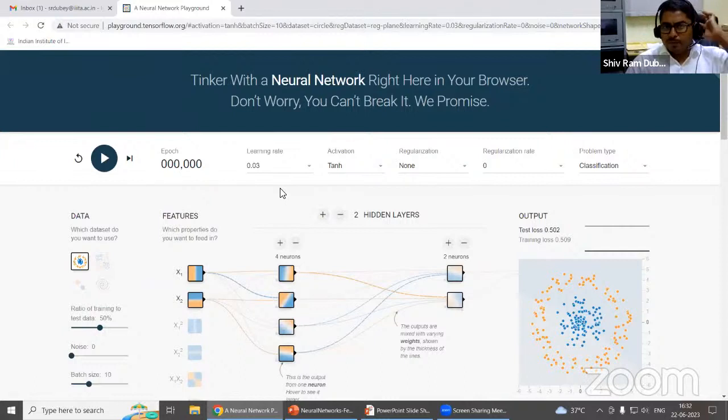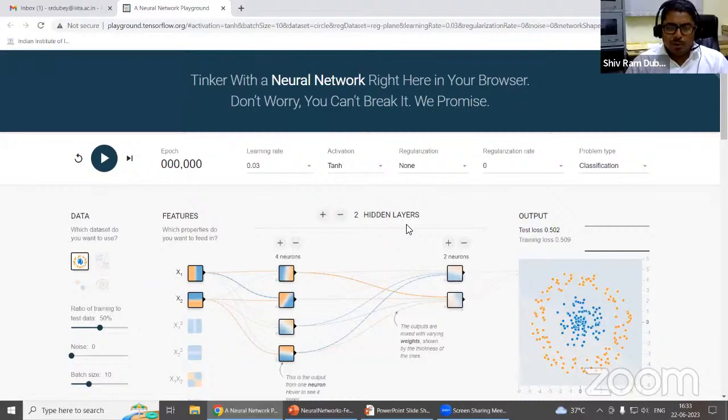This is a very nice interactive environment where you can test a neural network by changing the different things that you can see in it. Here we have some data distribution at the right side. This is a 2-dimensional data. So we have x1 and x2. These two are the inputs that we have.